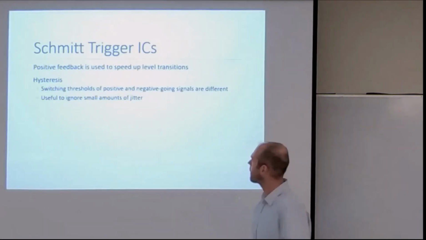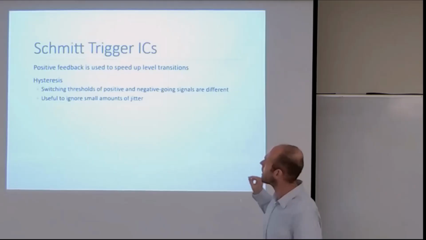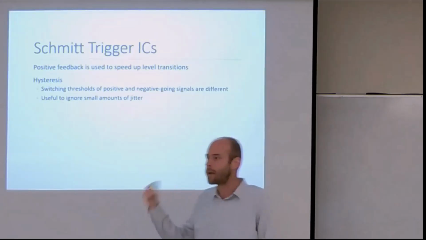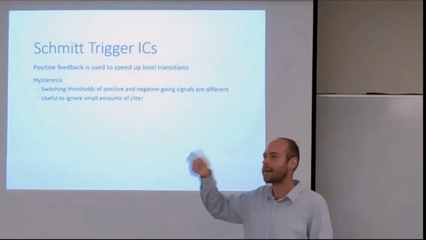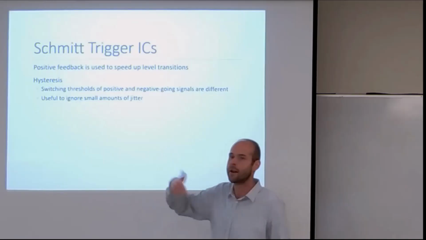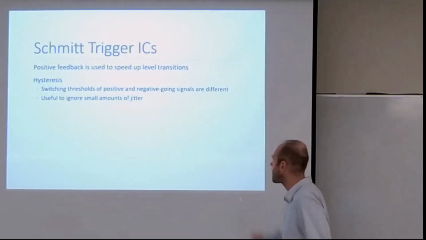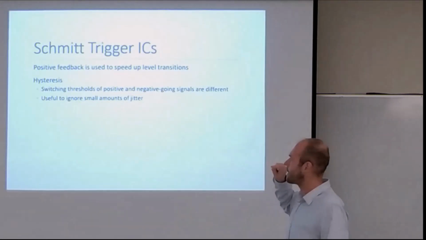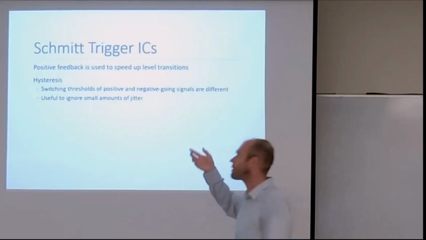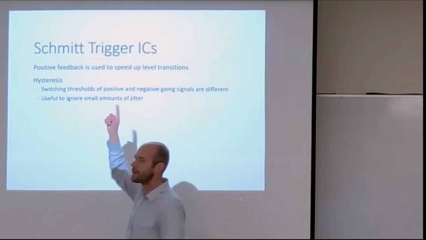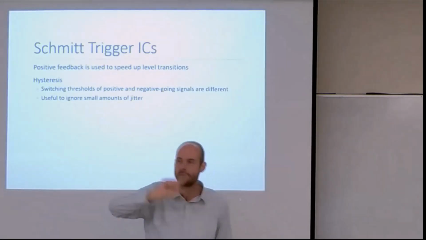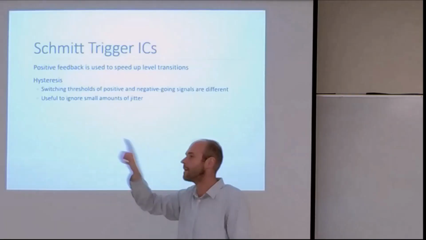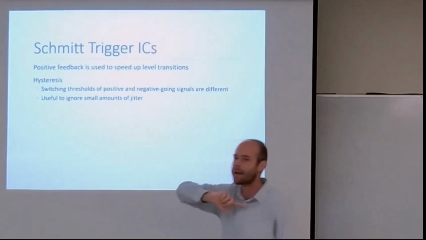Schmitt triggers are useful to speed up transitions and reach the next stable state quicker, because you don't have any back and forth toggling. The definition to introduce here, if you haven't seen it before, is hysteresis: the behavior of a system as it goes forward in one direction and then back the other.